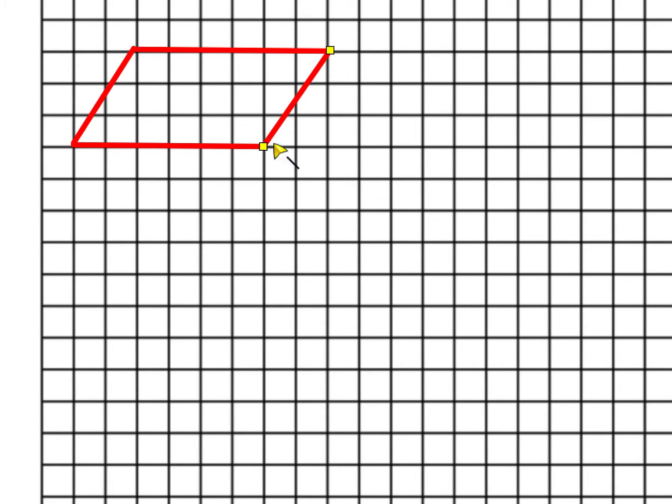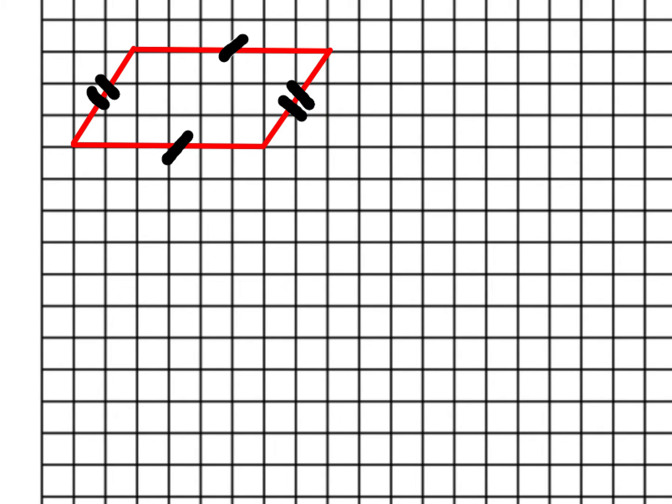Do you agree that that shape has got 2 pairs of parallel sides? This side is parallel to this side, and this side is parallel to this side.